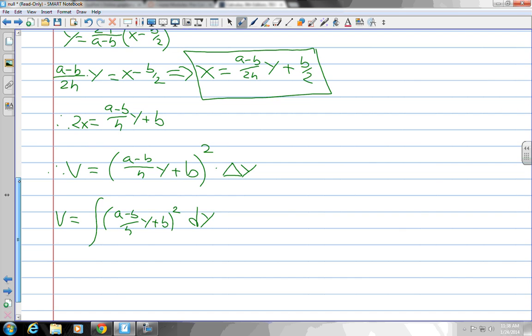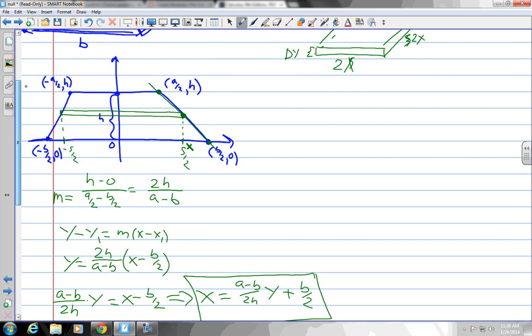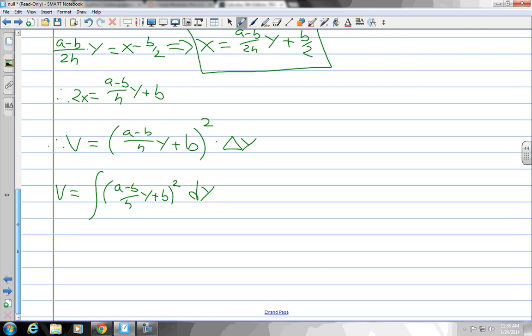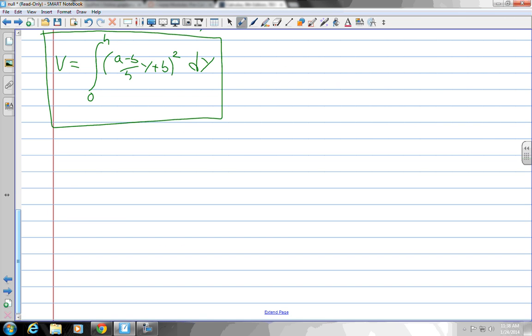And what are the limits of integration? We're doing the y integral, 0 to h. All right, so this is the big step. So we got this part. Now we just need to compute that integral. This is h.